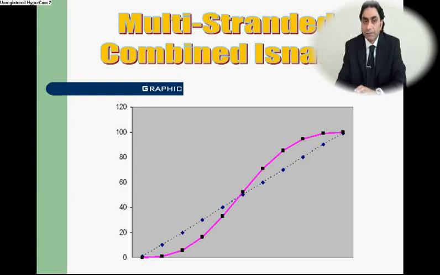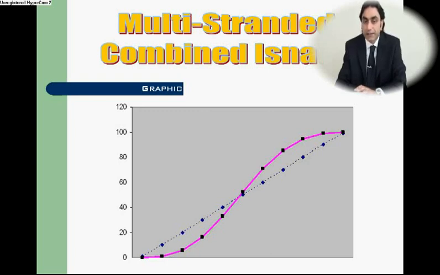For example, a double-stranded combined Isnad that originated from a double narration has a weakening effect on the result between the ranges of 0 and 48% of reliability coefficient of narrators, whereas it has a strengthening effect on the result between the ranges of 49 and 100% of reliability coefficient of narrators.